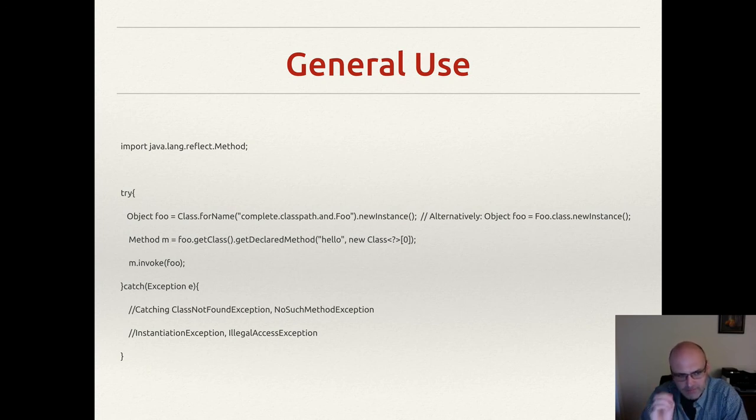And I'm saying m.invoke, so call this method, and what I'm passing into it is the actual instance I wanted to call it for. So if there was instance related data in this object's method, it would use that data when you invoke the method. So what this is doing is it's basically like calling the method hello in Foo.